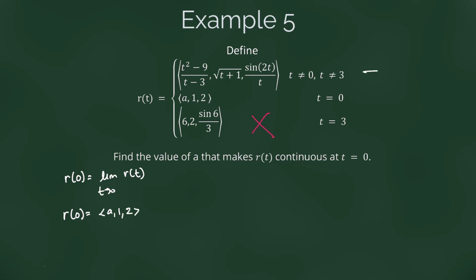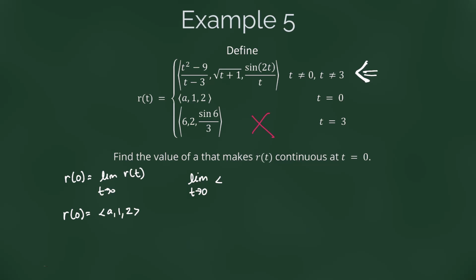But we use the other definition, the top definition of r of t, to evaluate the limit as t approaches 0. Because remember, the limit means look at what's happening near 0, not at 0. So we use this other definition.